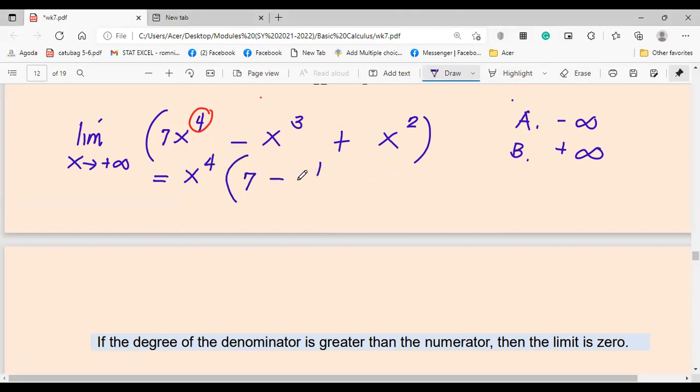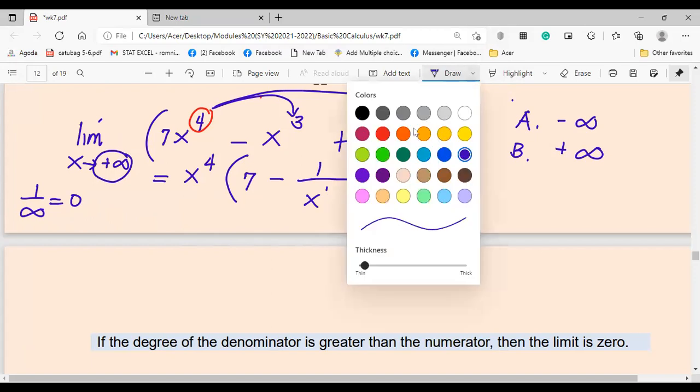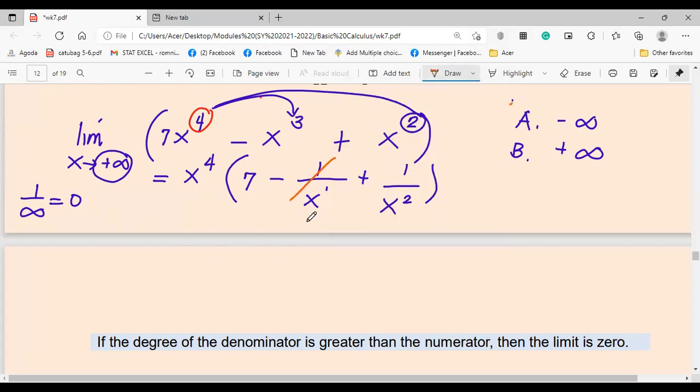This will become 1 over x, kasi 4 minus 3, 1, x raised to 1. 4 minus 2, 2, x raised to 2. So you have 1 over x raised to 2. And the rule says 1 over infinity is 0. At ang sabi nito, this is infinity. So, pwede mo lang gawin dito, this is now 0, this is 0.